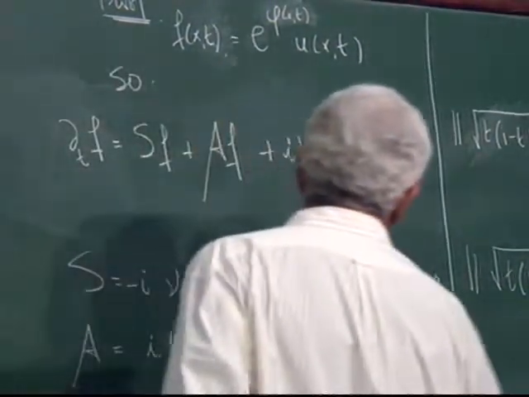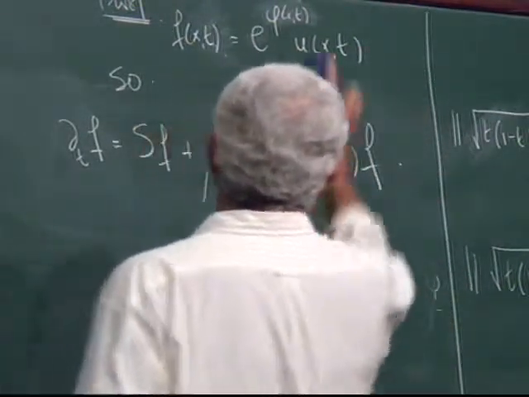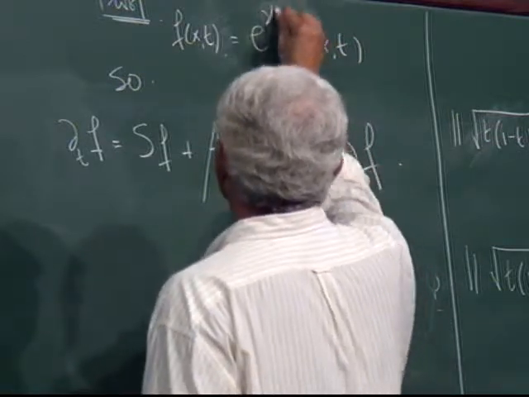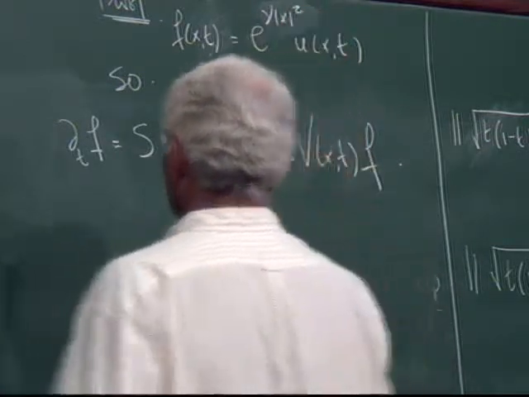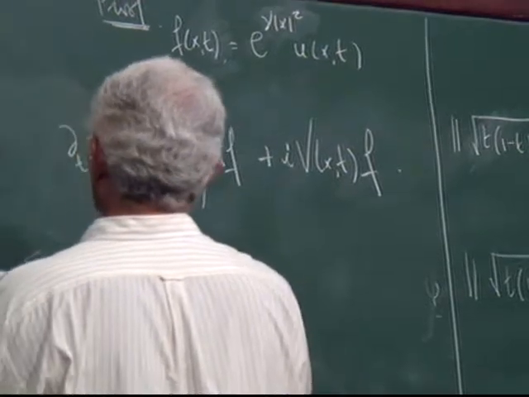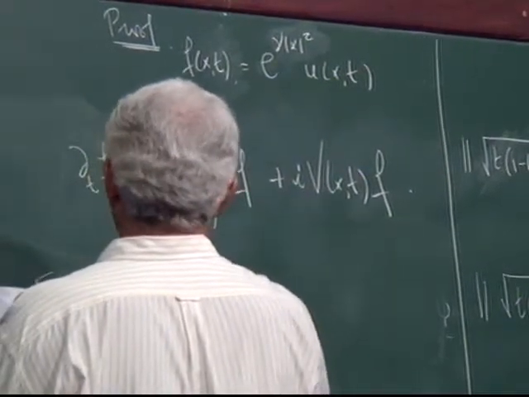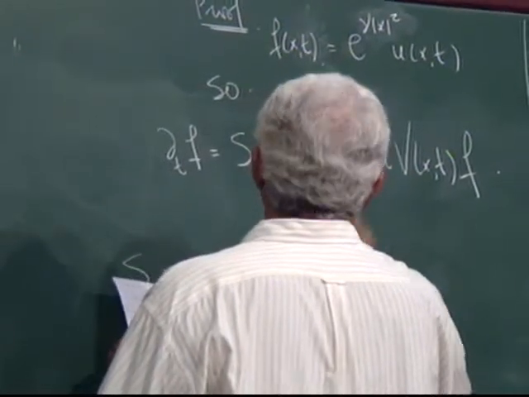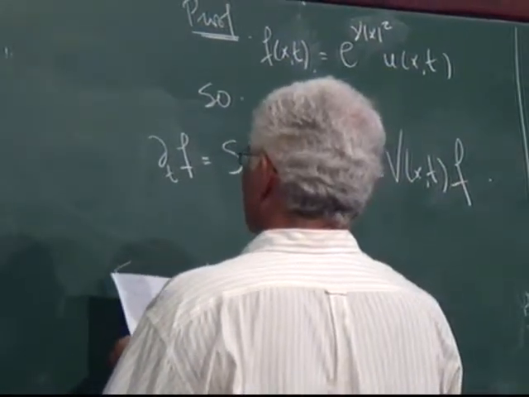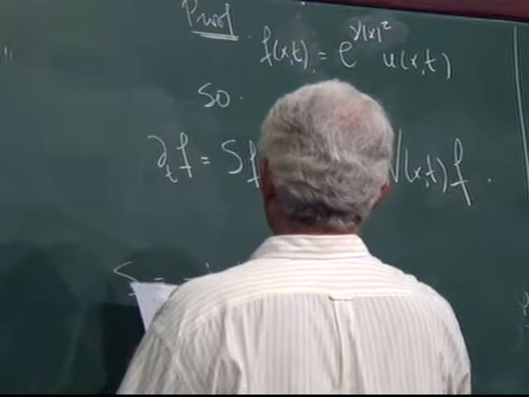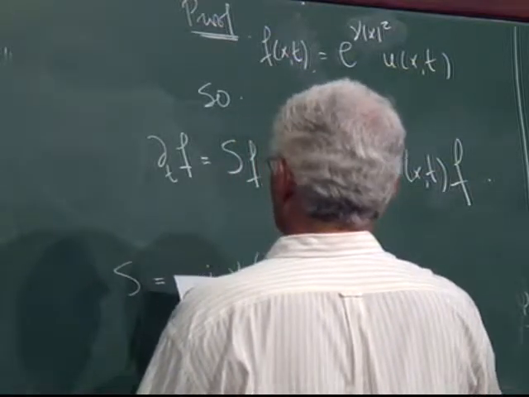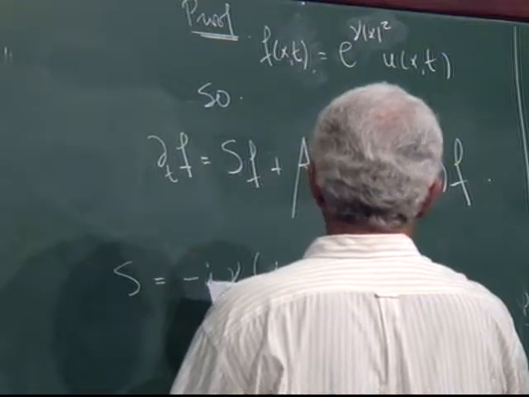Let's do it from the beginning. Let's make it shorter. Let's put what we have here, and that's it. We're going to make it in one step. Then S is going to be equal to minus i gamma 2. The gradient of this is going to be another 2. Then it's going to be 4 x_j d_j of this operator.